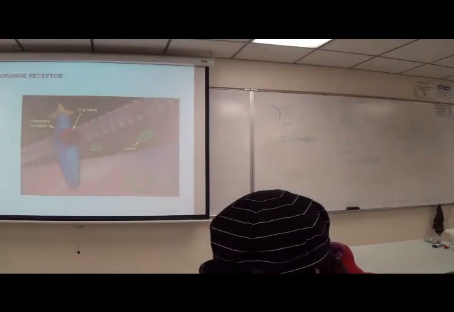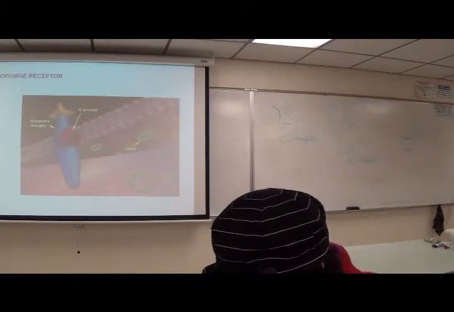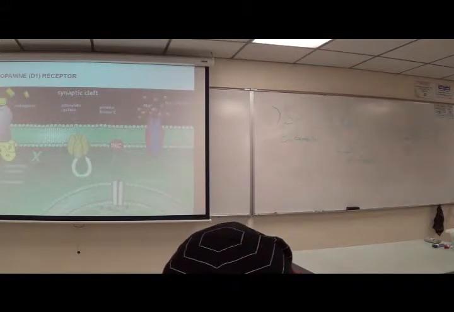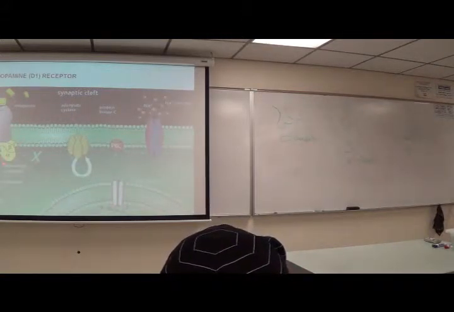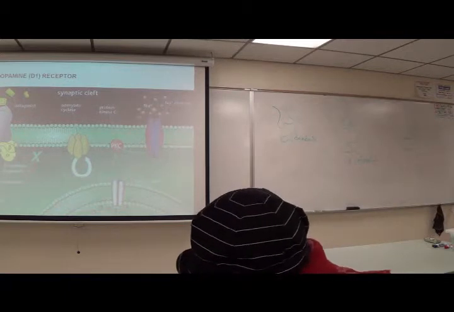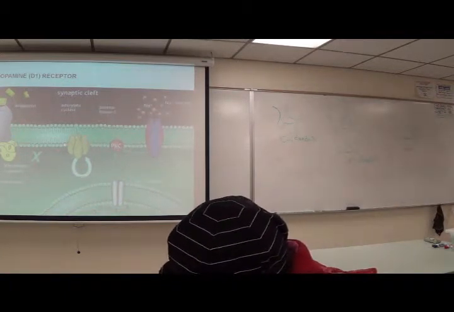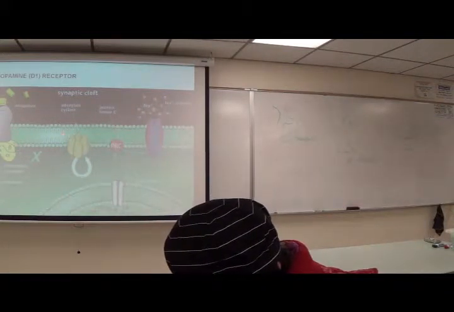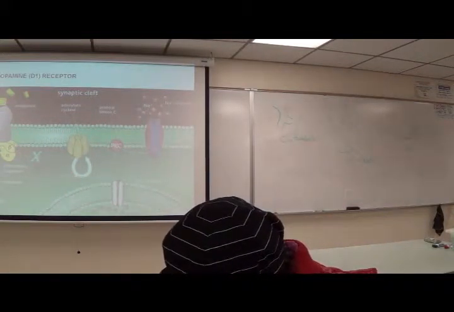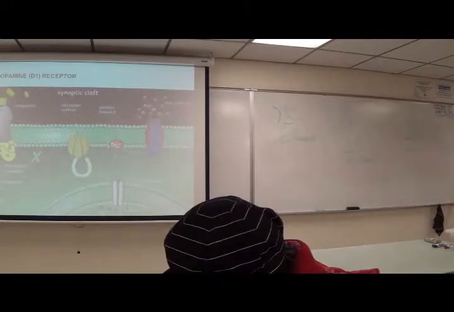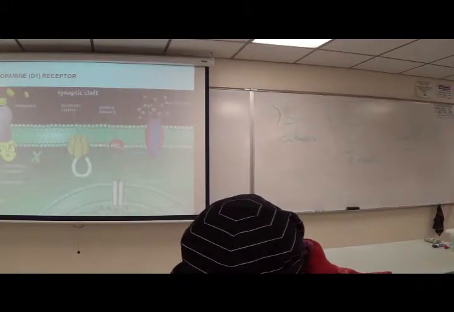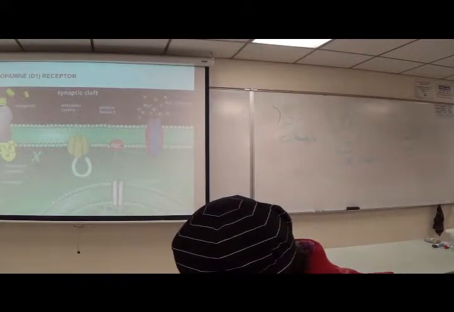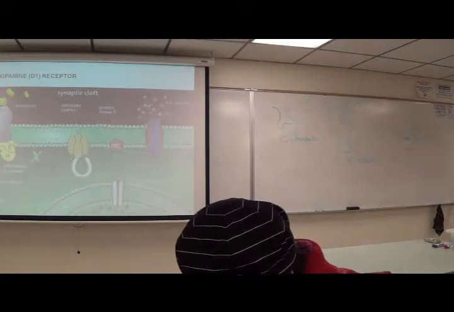So dopamine works through a metabotropic effect. Here, the alpha protein is involved, and we end up activating adenylate cyclase through the alpha protein. Adenylate cyclase takes ATP and converts it to cyclic AMP, which activates protein kinases, all right, and we end up closing sodium channels.